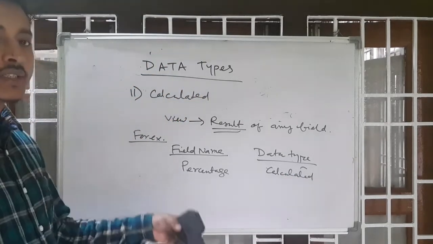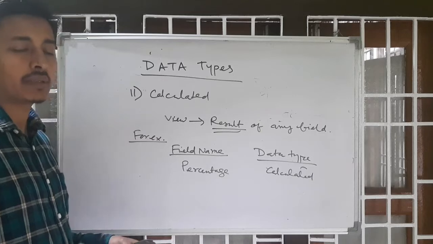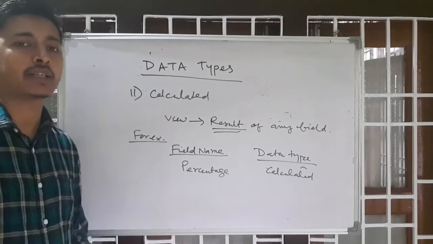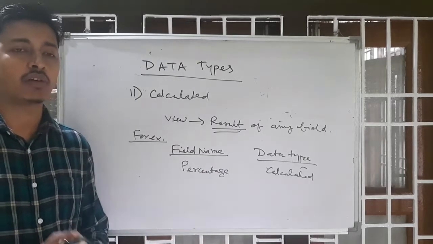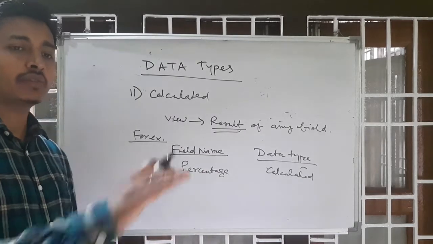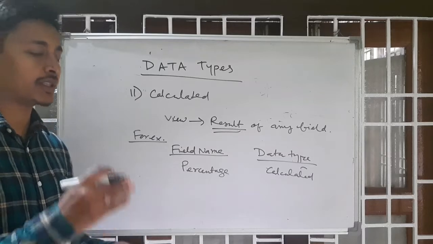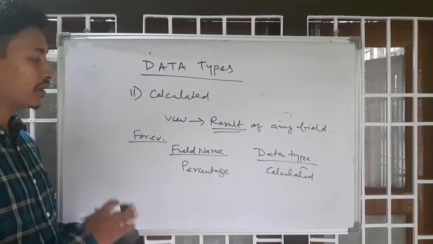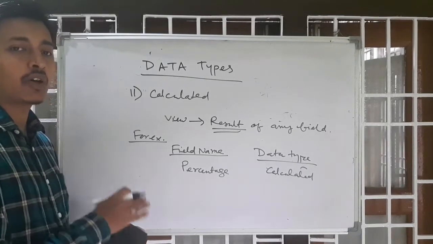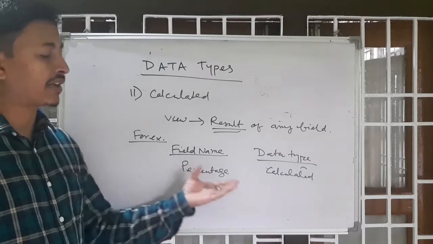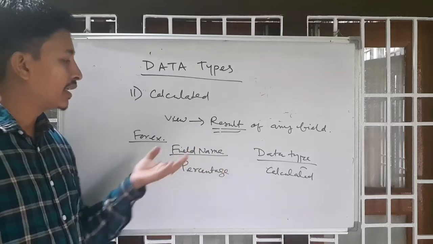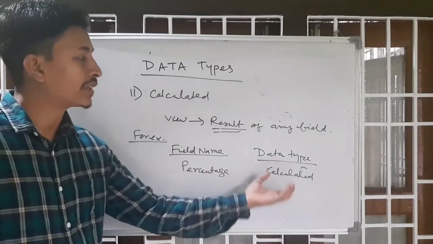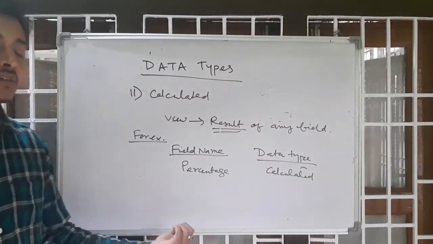After giving all the subject values, say math, science, English, Assamese, Hindi, computer science, the percentage comes automatically. The percentage is calculated in a different table or different field, but when you use calculated, it will calculate.